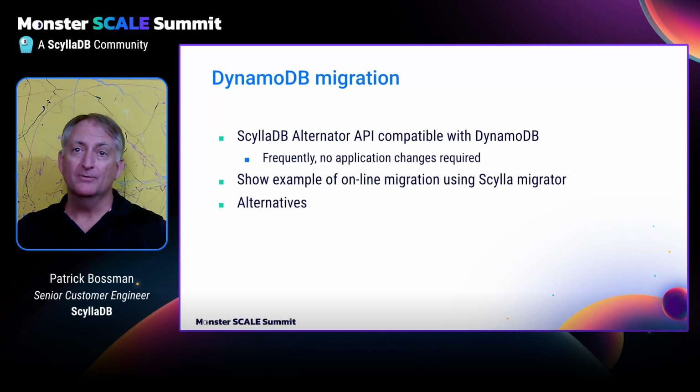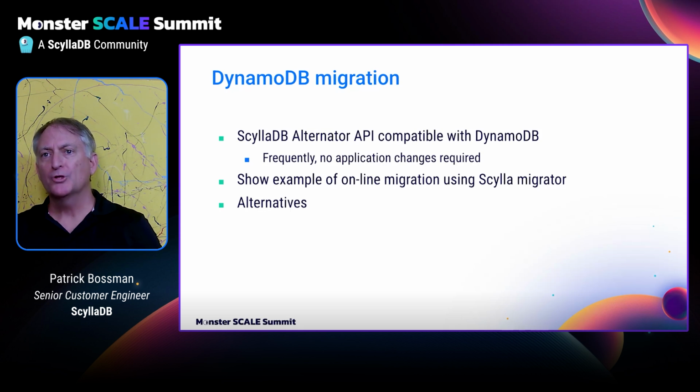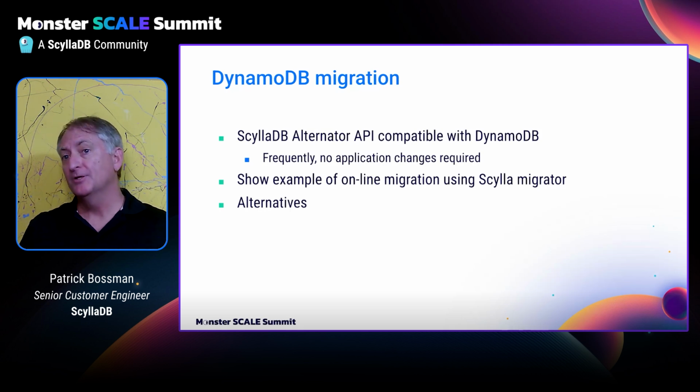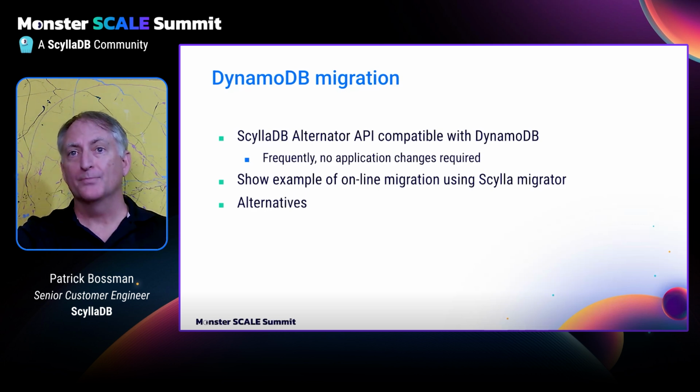So again, frequently applications are migrated from DynamoDB to ScyllaDB using Alternator with no application changes required. We'll show an example of an online migration using Scylla Migrator and some alternatives with DynamoDB as well.